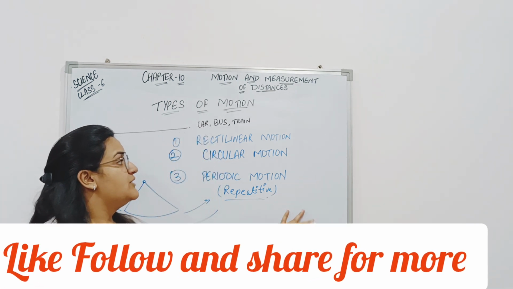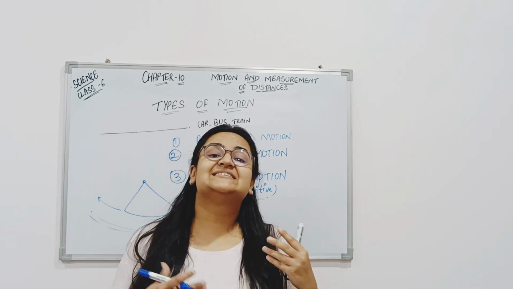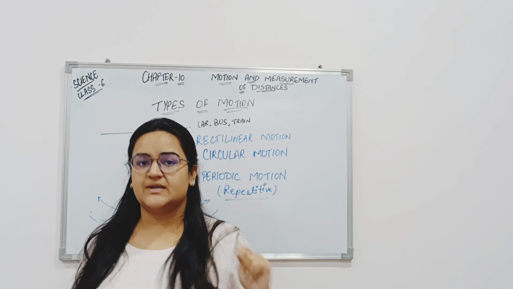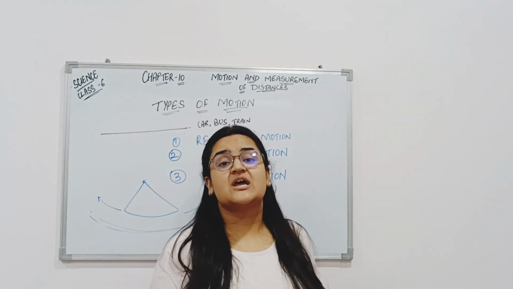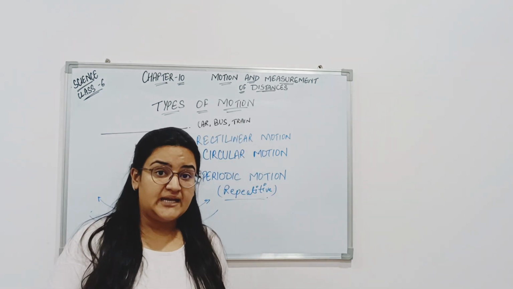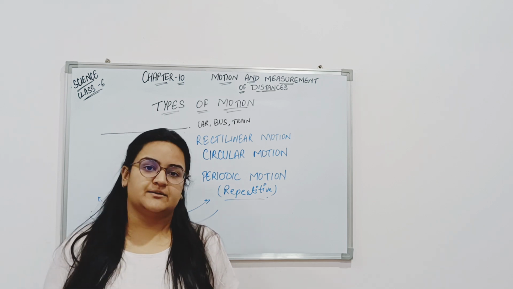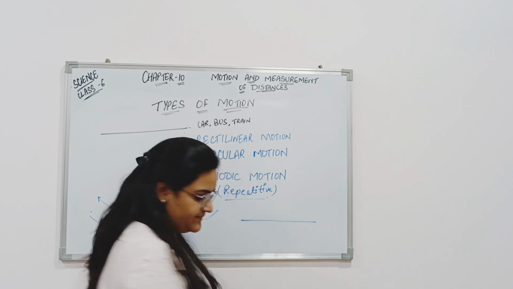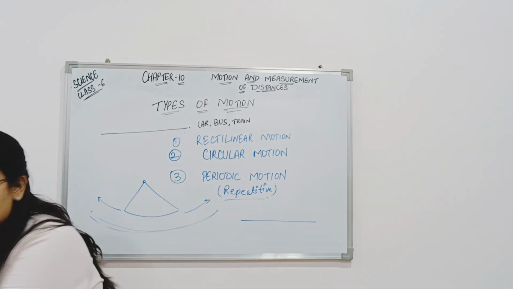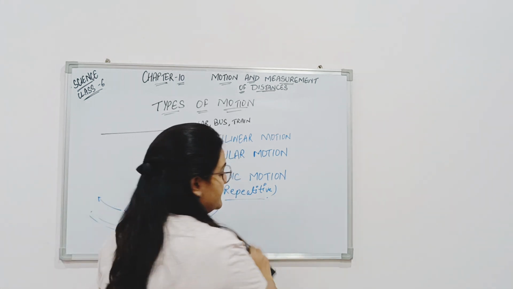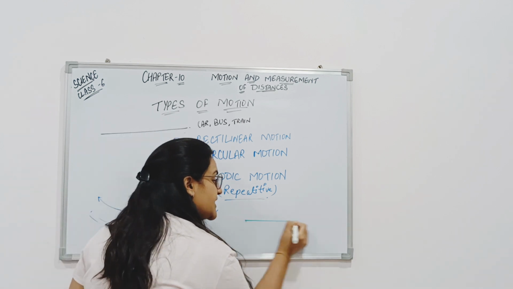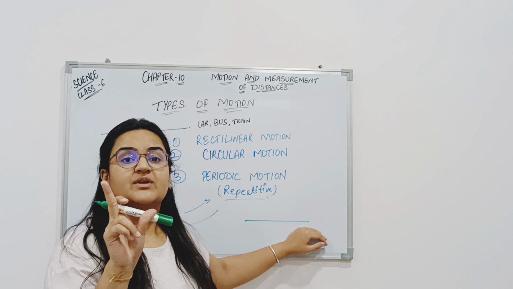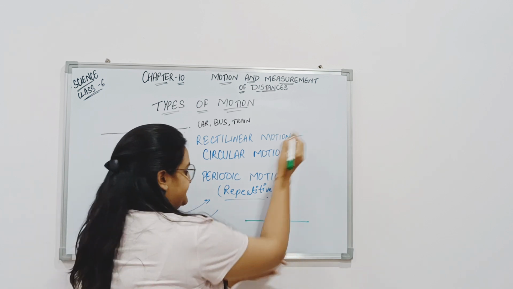Now, there can also be examples where all three of these motions are happening in one place. This may confuse you about which type of motion it actually is. If you talk about a bike, the movement of a bike on a straight road is rectilinear motion, the first one.